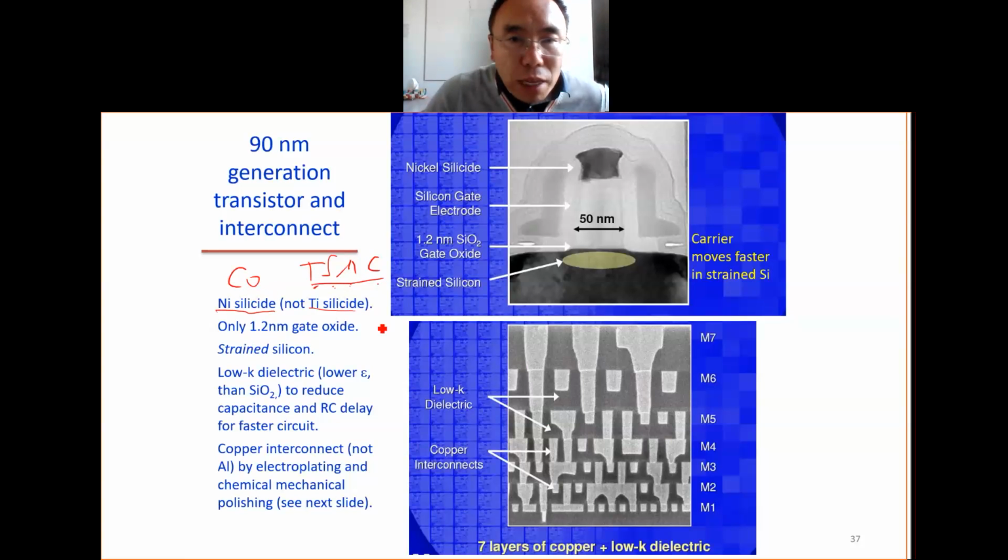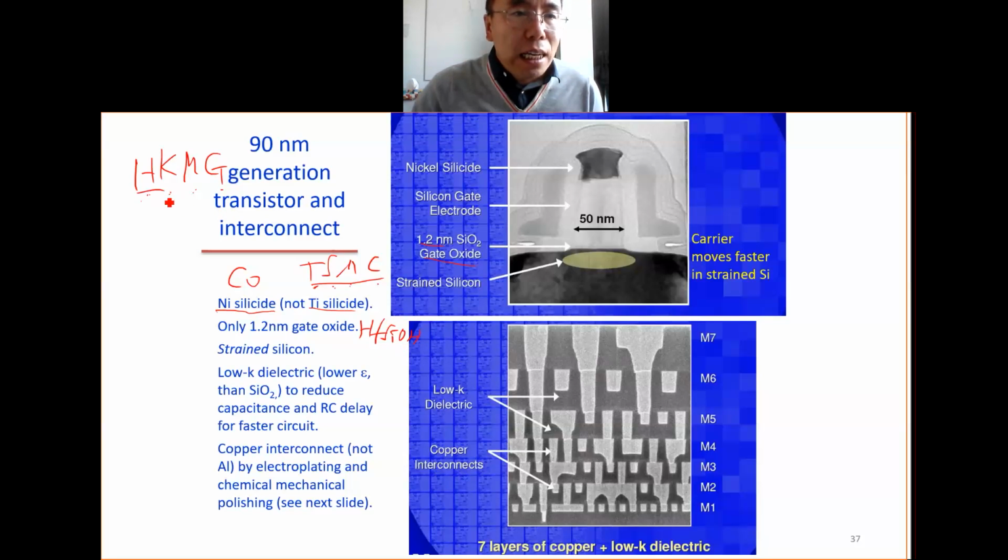The gate oxide is only 1.2 nanometer, but nowadays we no longer use SiO2. Remember this is the high-K metal gate. We no longer use silicon oxide, we use high-K material like HF, as we talked about in the slide.